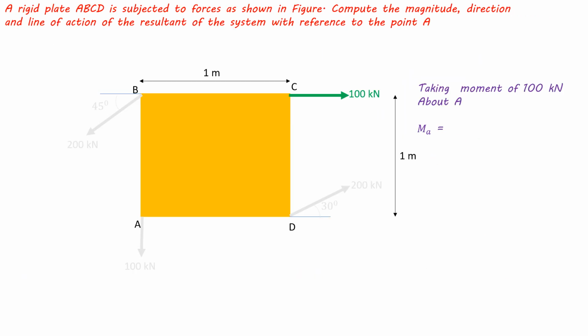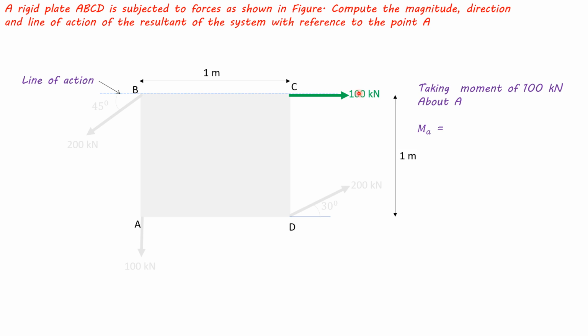Now, where the resultant is actually located, we don't know. For that, we have to take moment of all the force components about point A. Taking moment of this 100 kN force about point A, this will be the line of action of the force.